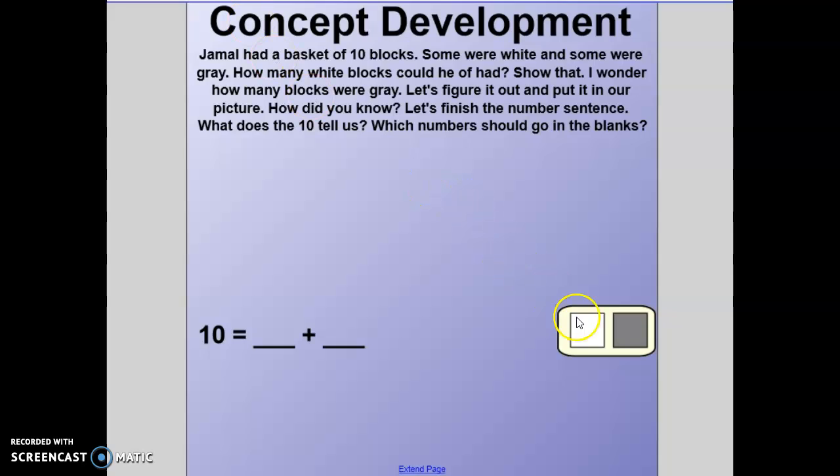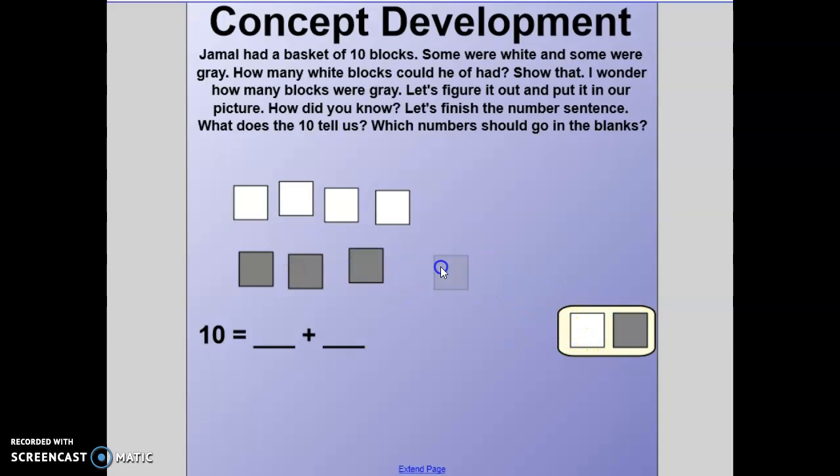So I'm going to give Jamal, let's see, 4 white blocks. And then I'm going to give him some more. 5, 6, 7, 8, 9, 10.